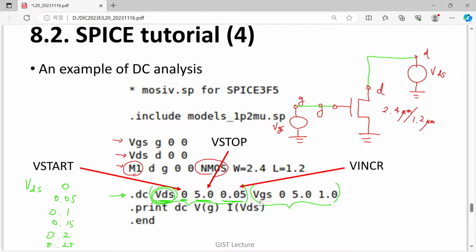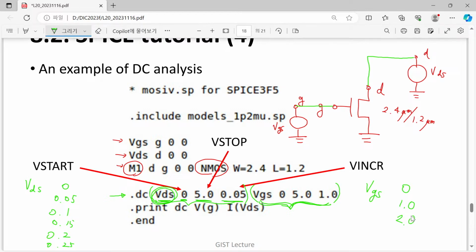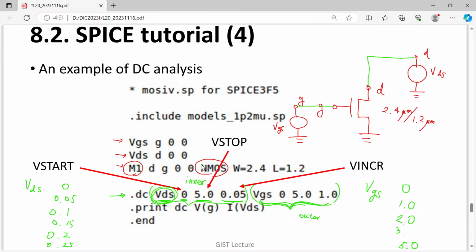Then you can find another sweep here. What is it? Now VGS starts from 0 and it will become 1.0, 2.0, 3.0, 4.0, and it will end at 5.0. So this second loop is the outer loop, and this first loop is the inner loop. Once we fix the outer loop VGS value at 0, then we sweep.